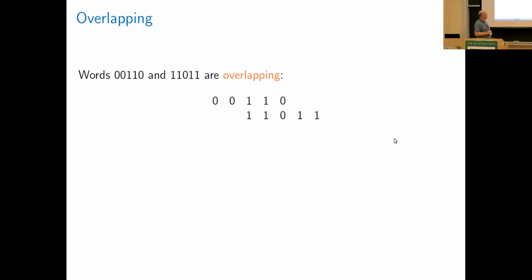I also allow a code word to overlap with itself. So for example, trivially, the all-zero code word overlaps at more or less any shift. But to stop trivialities, I don't allow a code word to overlap with itself completely, with no shift, because somehow that's going too far.